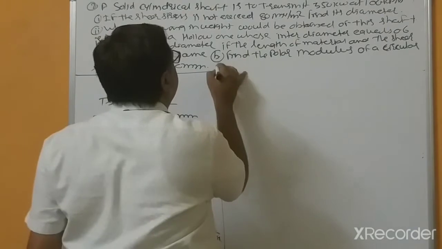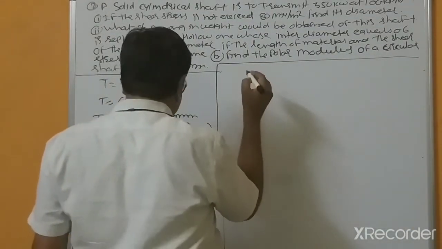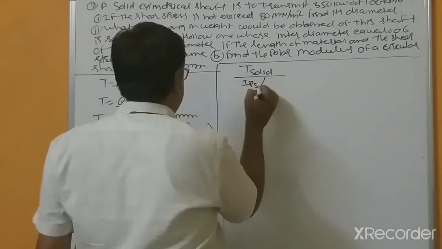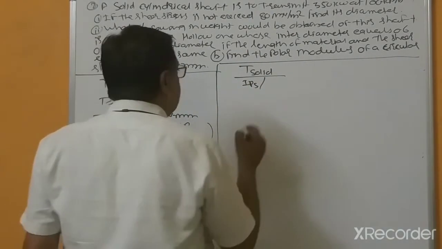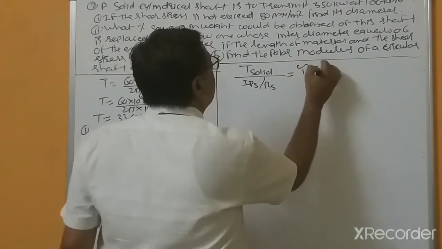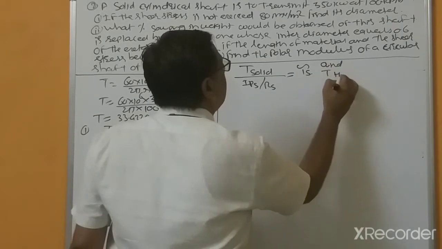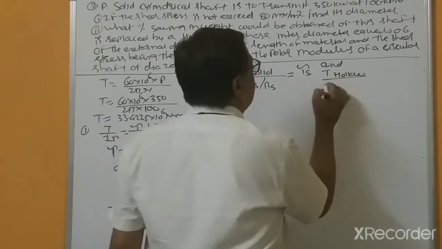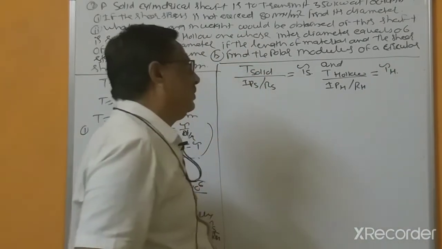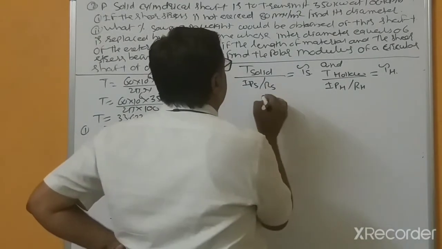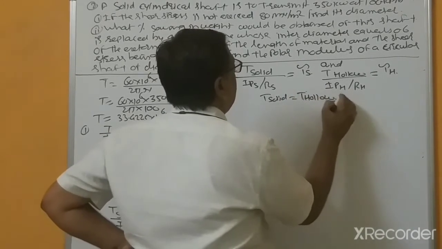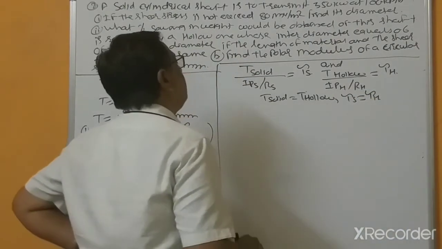Now you can write T solid divided by IPS, divided by RS, and similarly hollow T divided by IPH, divided by RH. Because the solid is to be replaced by the hollow, T solid equals T hollow, and because of the same material tau is the same, so this will get cancelled.